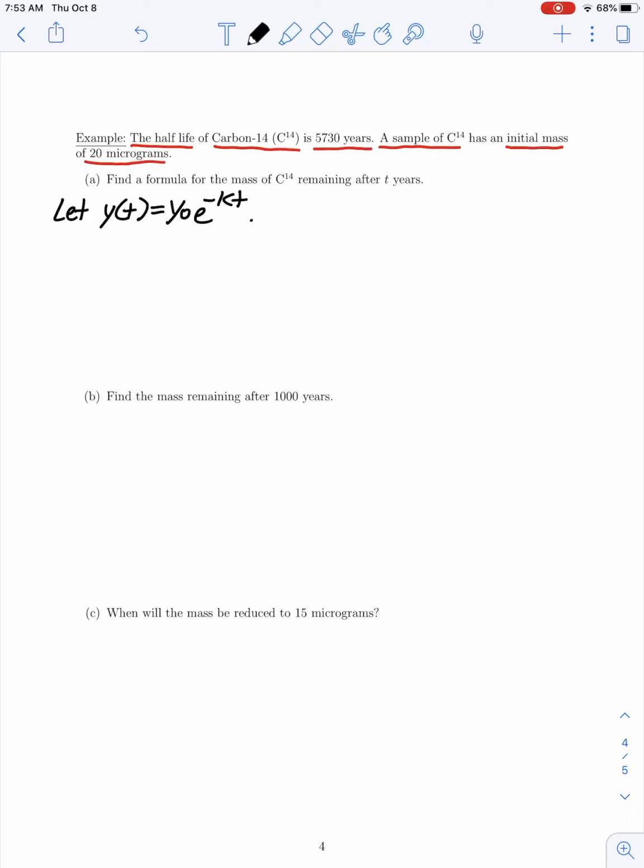In this case, we were told our initial mass is 20 micrograms. So we have y of t is equal to 20 times e to the negative kt micrograms.